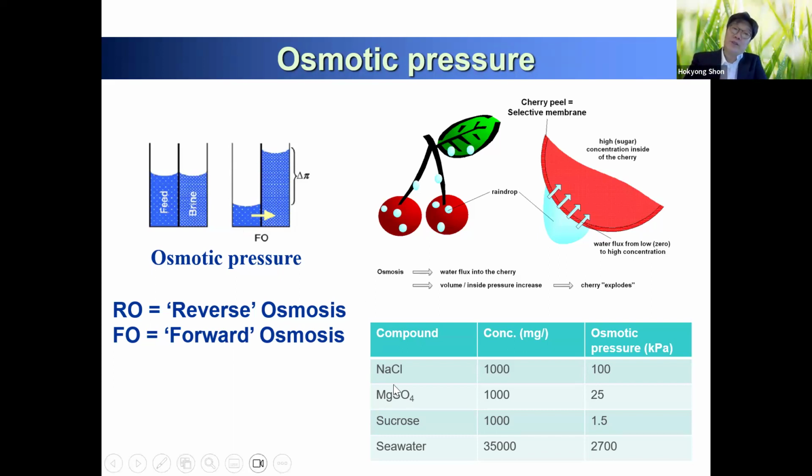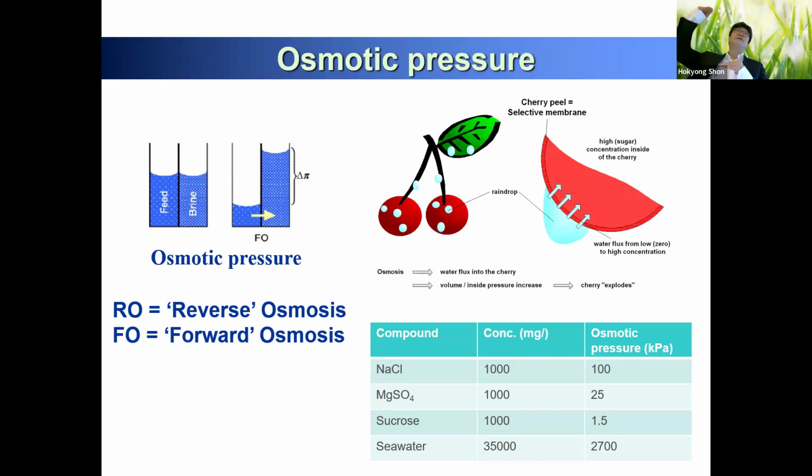Let's say sodium chloride, 1 gram per liter is around osmotic pressure 100 kilopascal, which means 1 bar. Yeah, 1 bar is around 100 kilopascal. So sodium chloride at 1 gram per liter is around 1 bar, 2 gram per liter would be 2 bar, 10 gram per liter would be 10 bar, right?